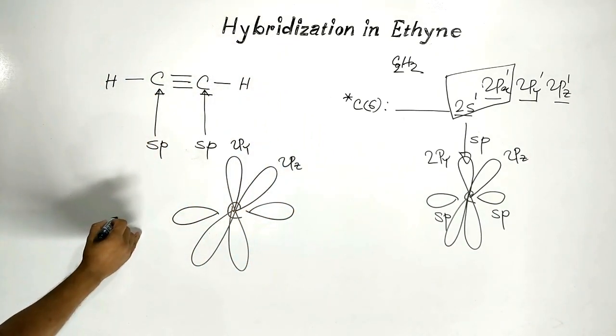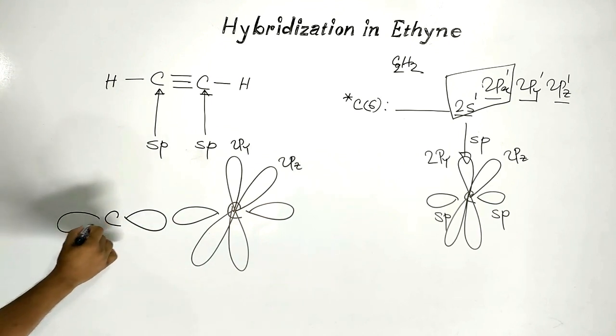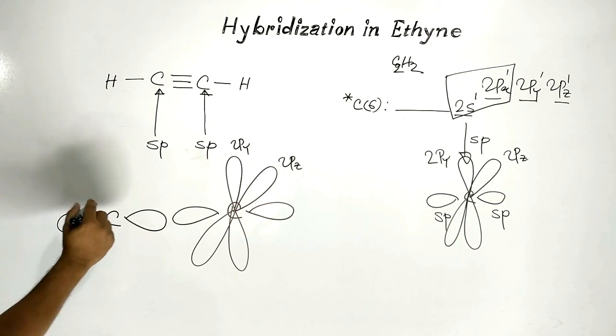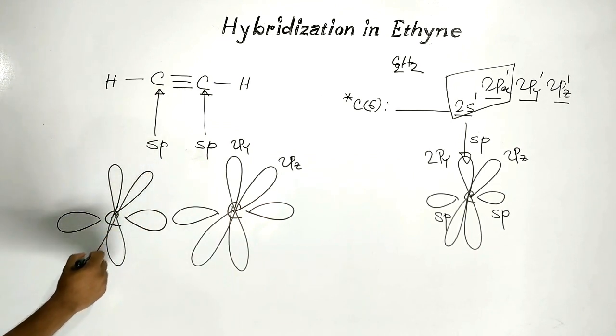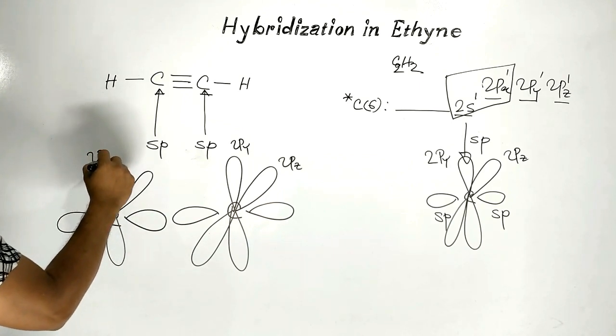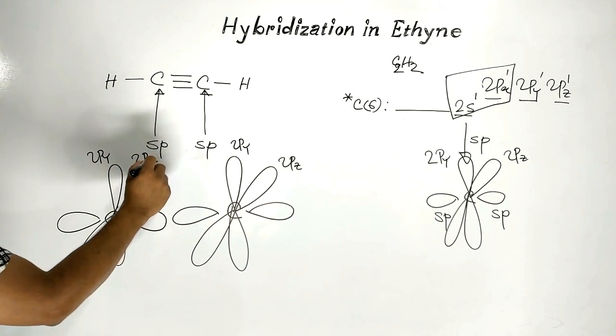This carbon has one hybrid orbital, another hybrid orbital, sp hybrid orbitals, and two orbitals remain unhybridized. This is 2py, this one is 2pz.